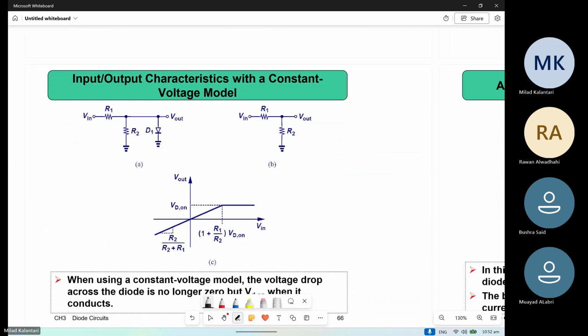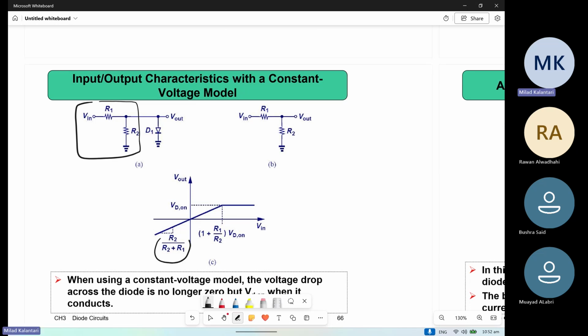So again, here is showing the other type of circuit, right? What is happening once the V in is negative here? The diode is off, right? And then the V in to V out is a voltage divider between these two resistors, right?